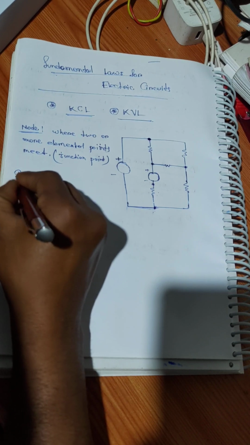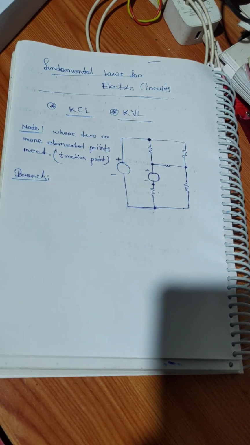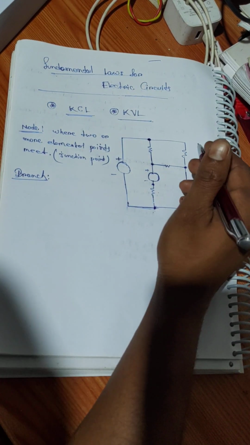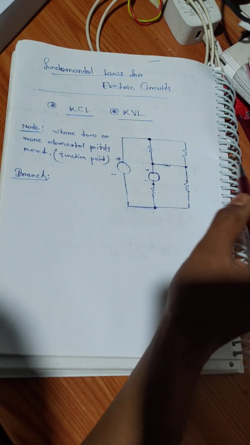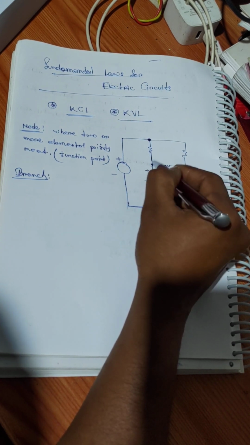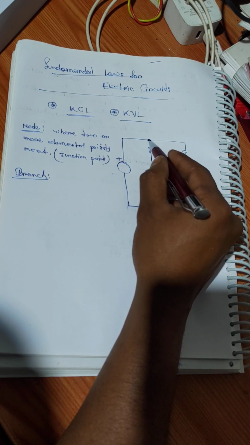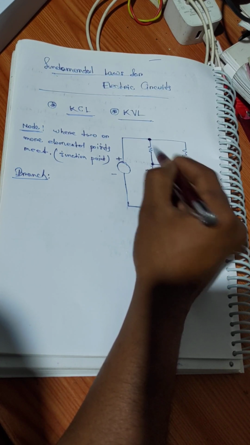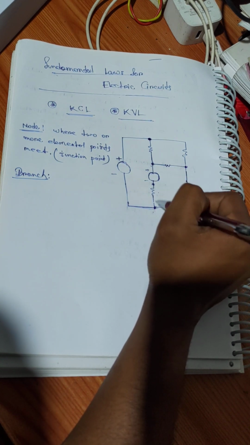we'll know branch. I think from the name you can assume what a branch is. A branch is the path between two adjoining nodes. This is one branch, this is one branch, this is one branch.